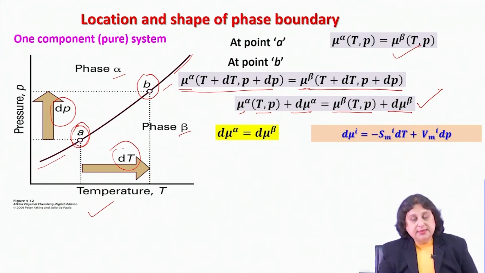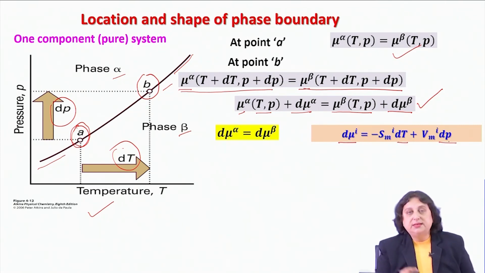For the ith component present in the phase equilibrium, I know that d mu of the ith component depends on dT and dP. For the ith component, this coefficient is the negative of the molar entropy, and this coefficient is the molar volume of the ith component.